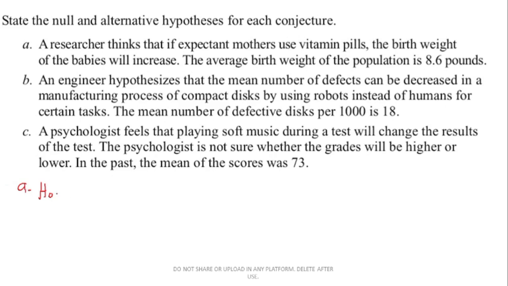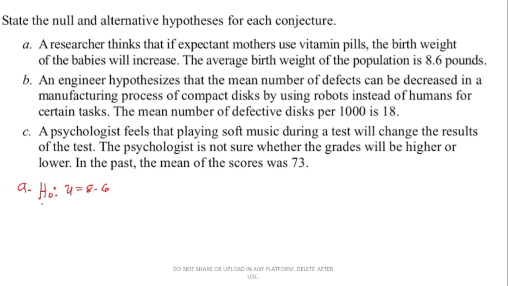The null hypothesis would be the average birth weight of the population is 8.6 pounds. Guys, take note that for a thesis, we do not just write H0 equals a symbol. In a thesis, we state it in words. So, this null hypothesis would be the average birth weight of the population is 8.6 pounds.